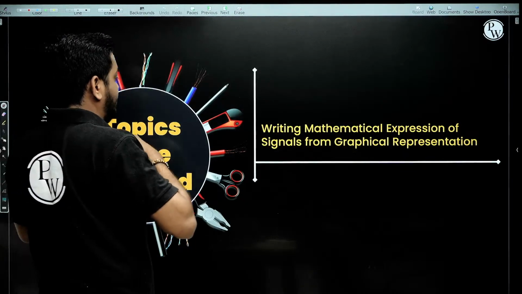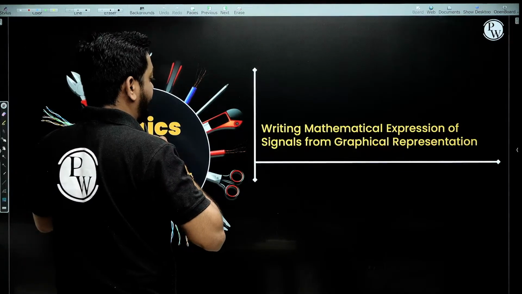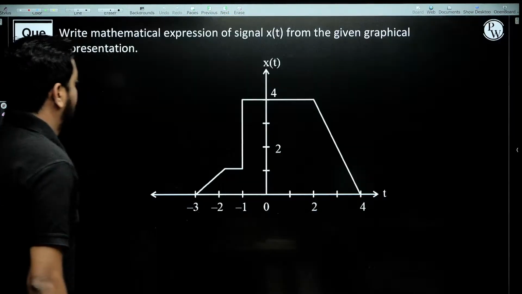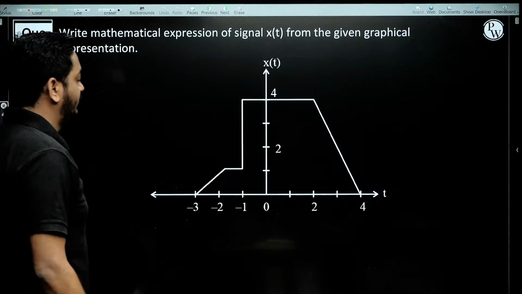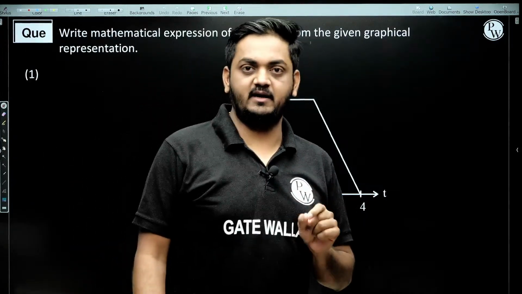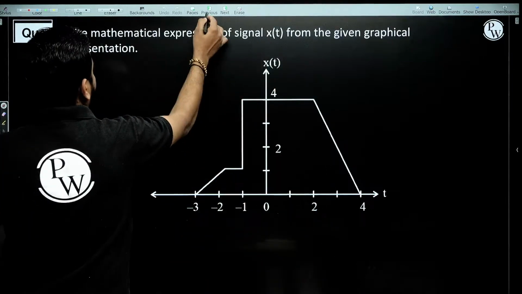Writing mathematical expression of signals from graphical representation. So let us start with this question. Before this I am explaining you the problem solving technique, a one stop solution. If there is a sudden change in amplitude at any particular instant of time, then a step function will be present at that instant.